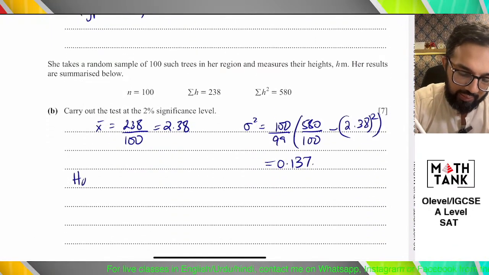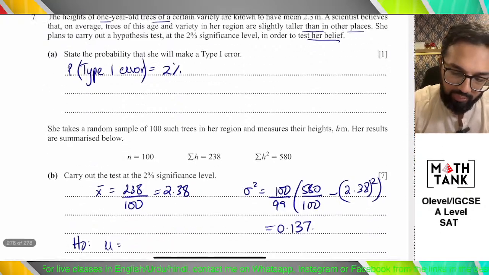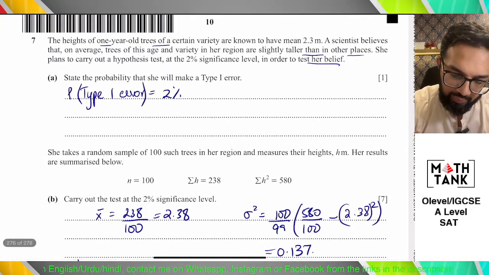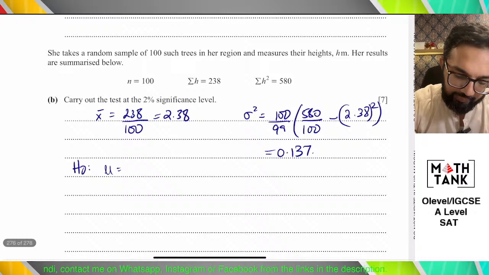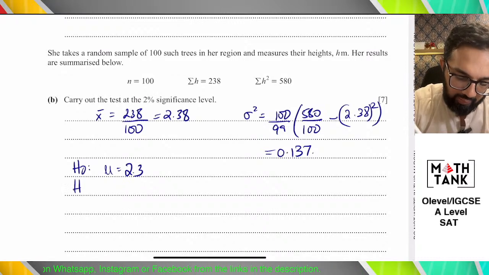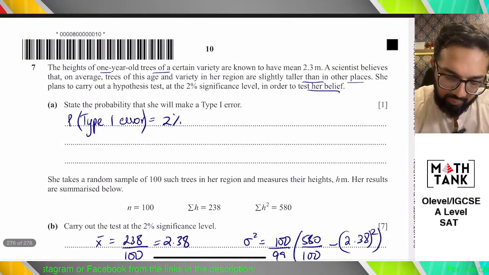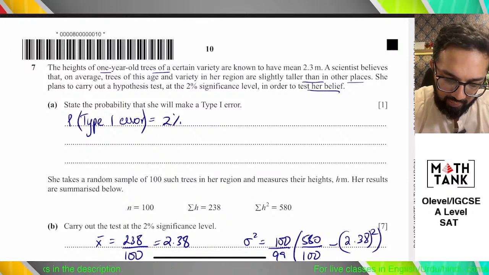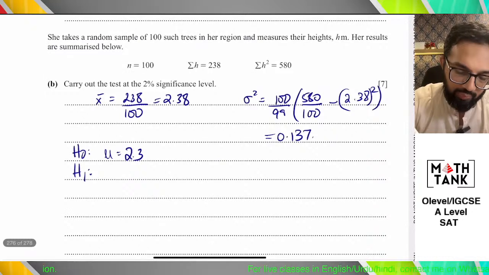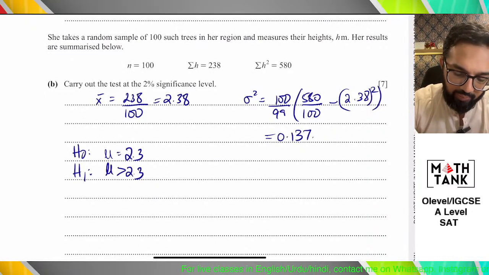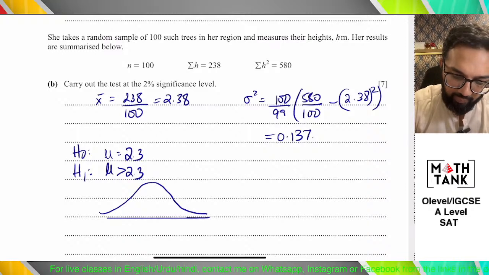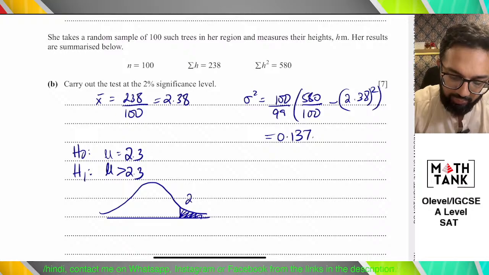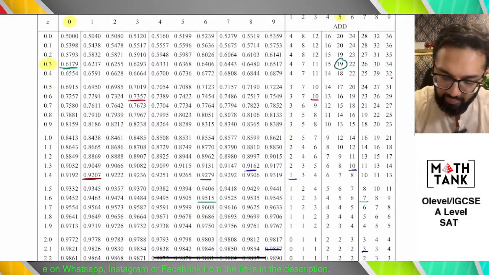Okay, so the test is that the original is 2.3. The scientist believes that trees are slightly taller, so greater than 2.3. You draw the critical region at 2%, so 98%.